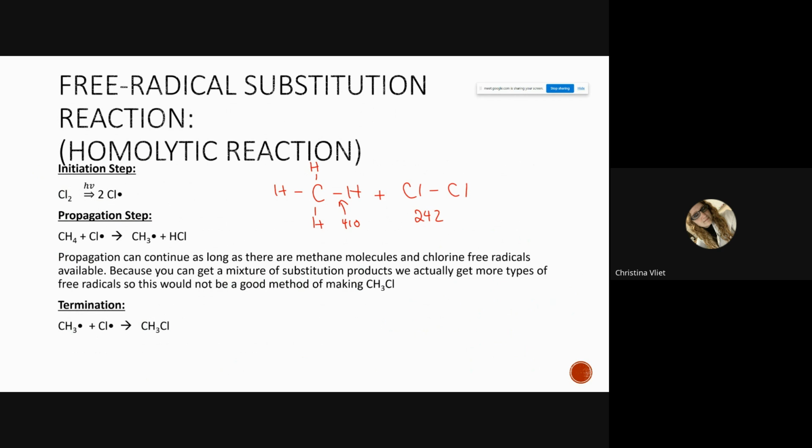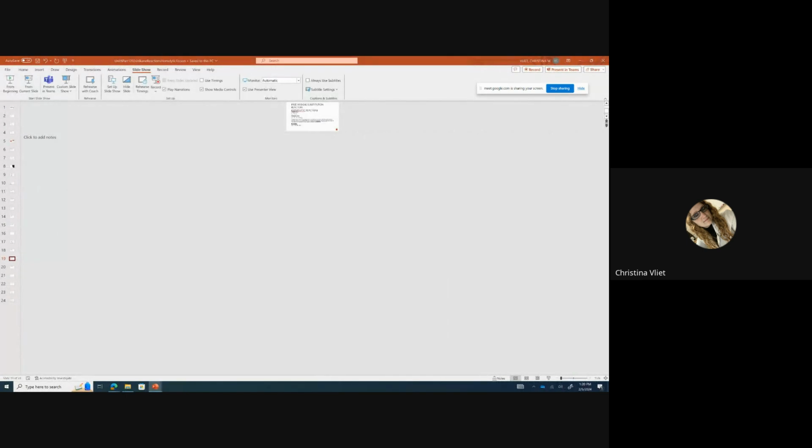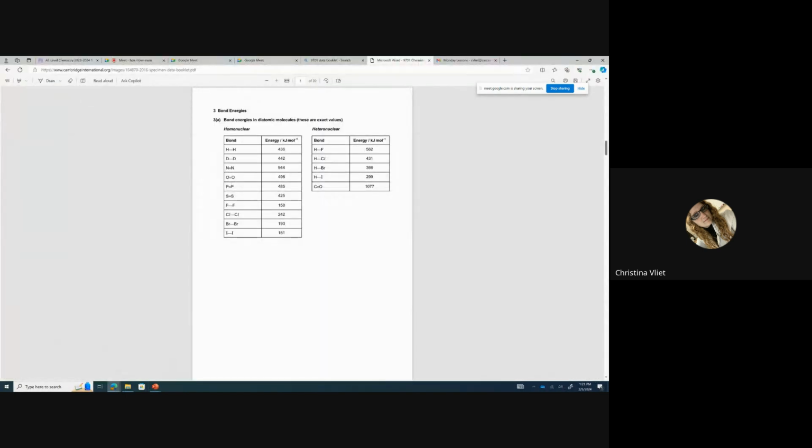And you do have to remember that. The halogen bond breaks first because it is actually a weaker bond, and you can consult your bond energy values to figure that out. This is 410, this is 242. This is the weaker bond, so the chlorine-chlorine bond will break first.